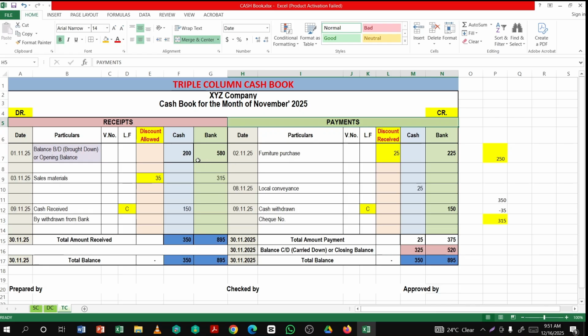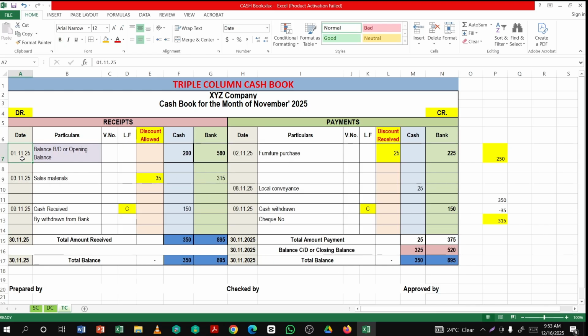This format has three columns on both sides: discount allowed, cash, and bank in receipt section, discount received, cash, and bank in payment section. That's why it's called three column cash book.